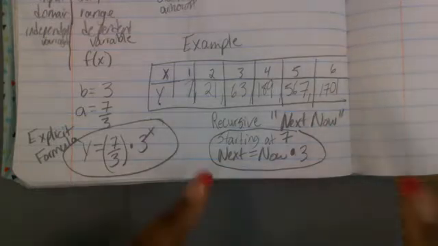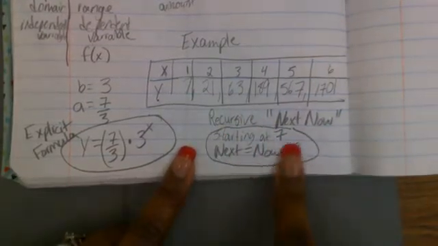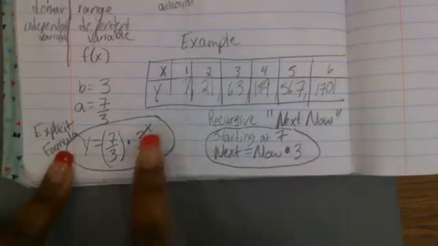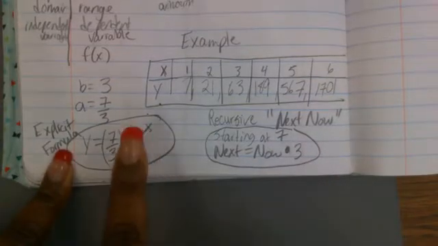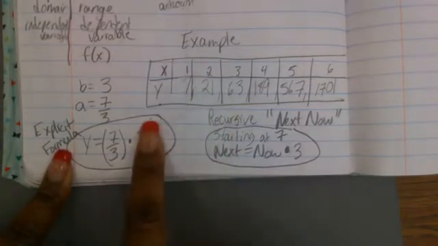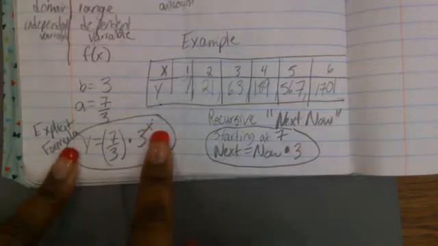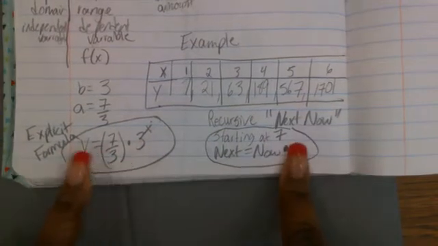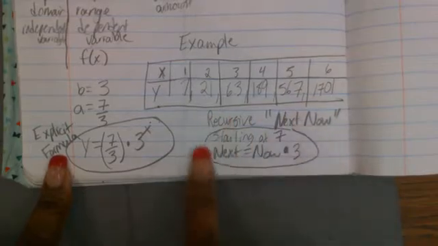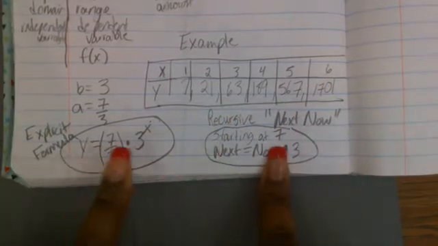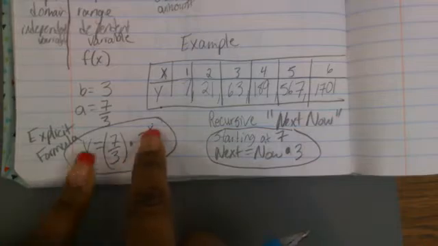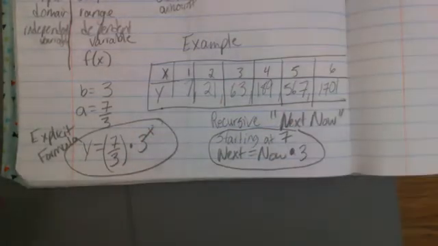And if I'm looking for the 10th term, I got to use this formula 10 times. Unlike here, if I'm looking for the 10th number, all I have to do is plug in the number 10 to get my answer here. So that's the difference between explicit and recursive. This I would have to actually do 10 times, and this I could just substitute 10 into the formula and get my answer.